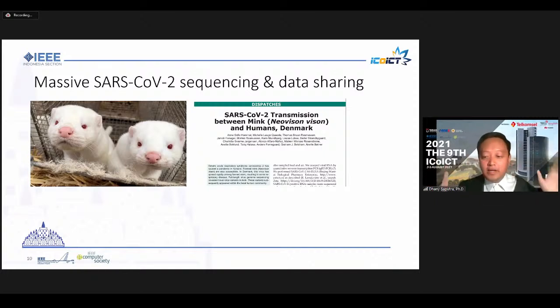And then finally we are now open, but during this time there were also suspicions that the mink was a good candidate for spreading COVID. There were some patients in North Jutland who got COVID from mink.